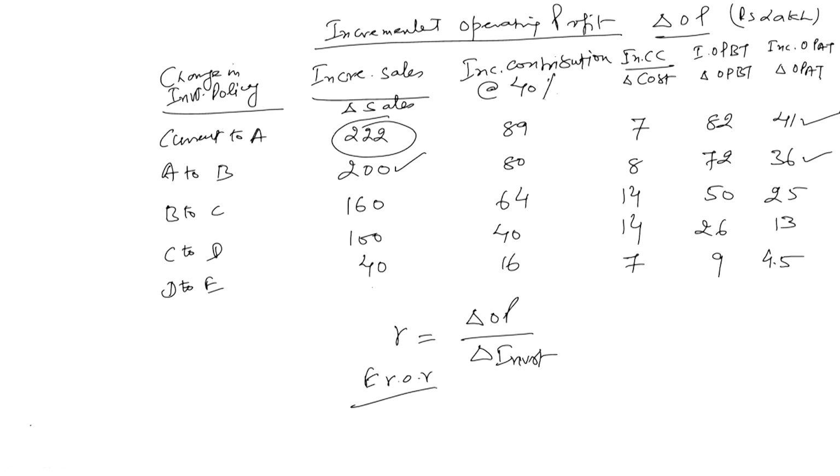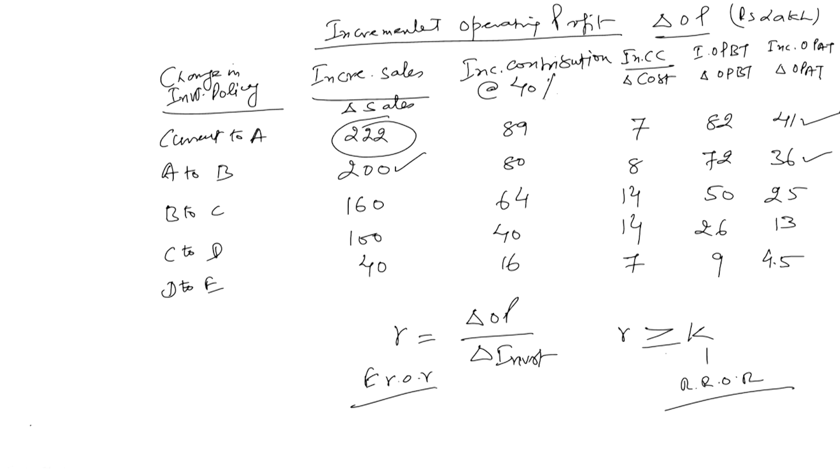The basis of the decision is that R has to be greater than or equal to K. R is the expected rate of return, and K is the required rate of return. So we have to see that the expected rate of return should be greater than, or at least equal to, the required rate of return.